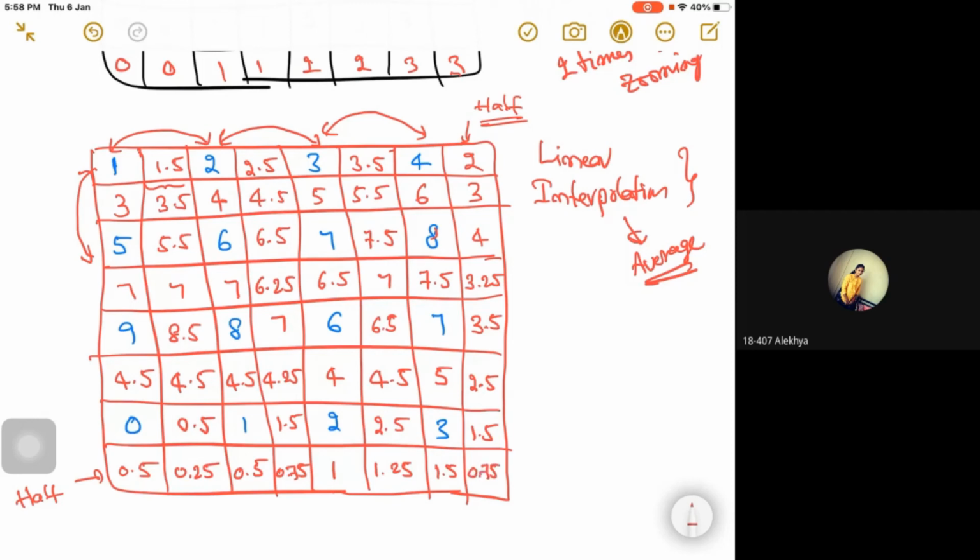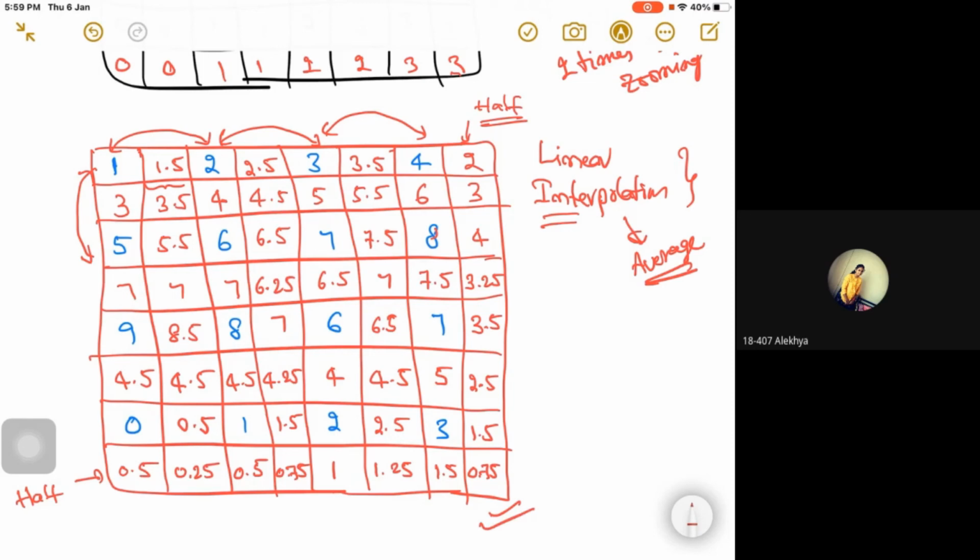So this is the zooming operation in linear interpolation. Linear interpolation is nothing but the average of the adjacent values, whereas coming to the edges, the rightmost column and bottommost row, you have to take the half of the previous values. So this is about the linear interpolation zooming technique.